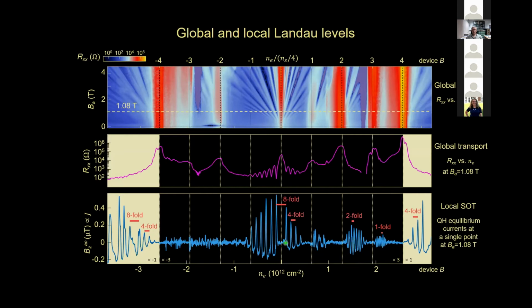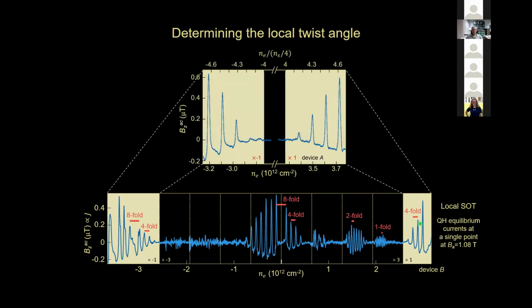So what one clearly sees is that even though globally you don't see clearly resolved Landau levels, locally the quantum Hall effect is fully developed. You see very sharp incompressible regions separated by compressible regions.